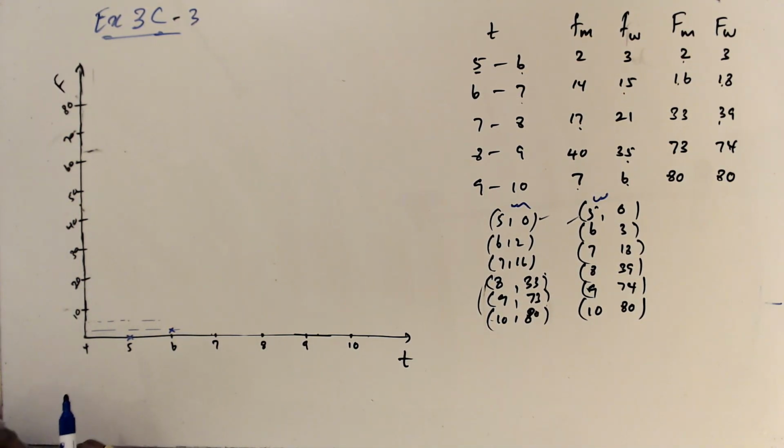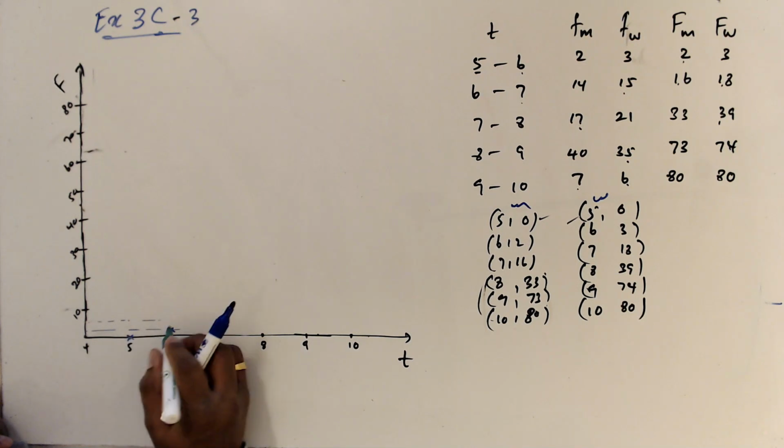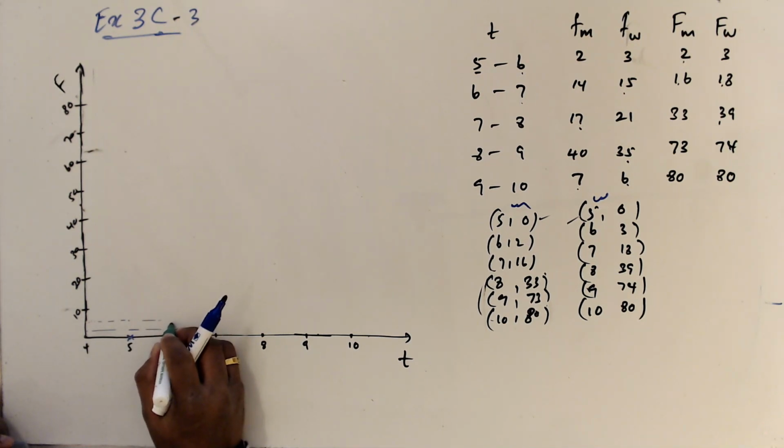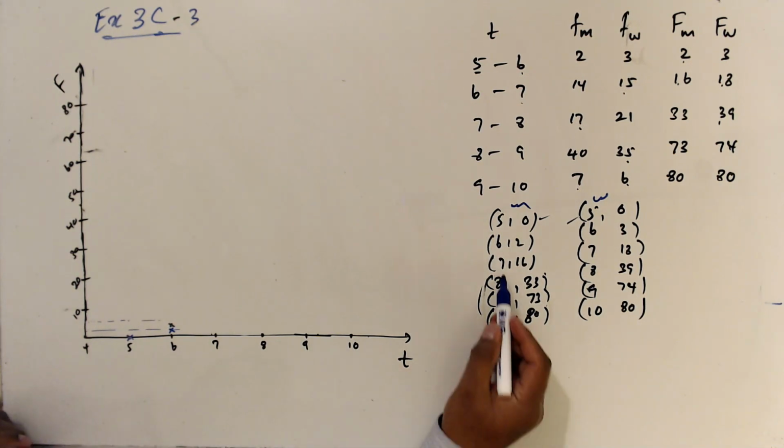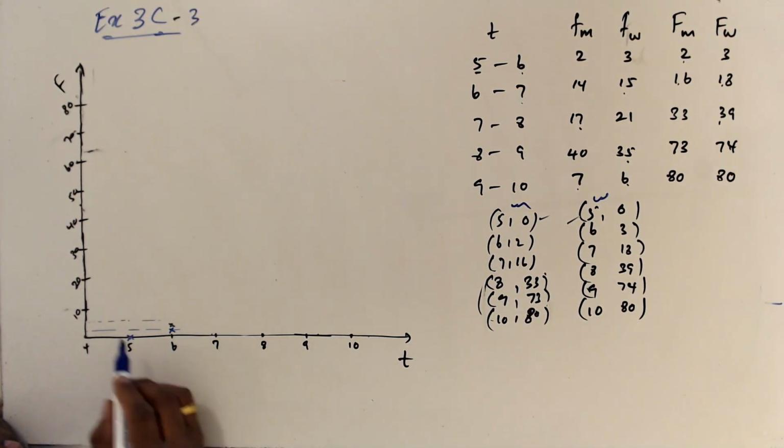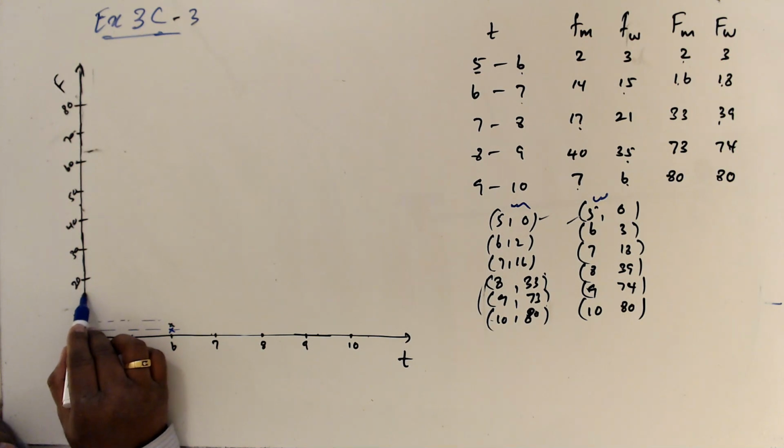The other one, the women graph, is 6.3. And 7.16, 7.18, 7.15.